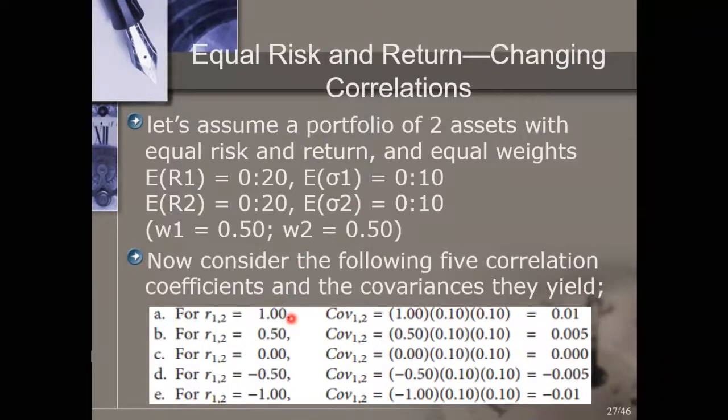In order to ensure that you people are with me, could anyone tell me what this correlation of 1 means? R1,2 means the correlation between asset 1 and 2 is 1. What does this correlation mean? Sir, equal. Equal, meaning what? Positive. 100%, sir.